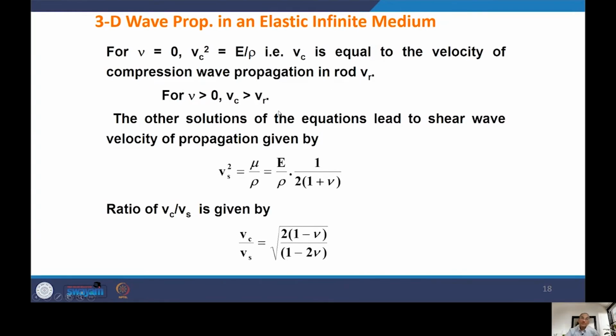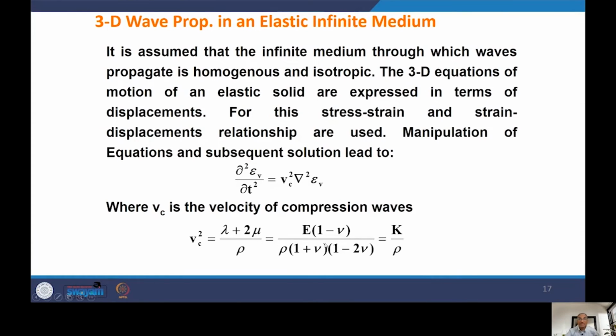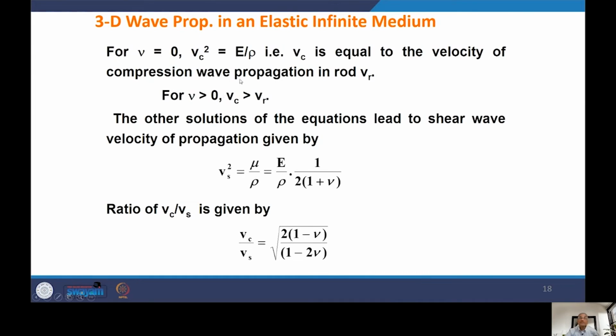However, when mu is greater than 0, which is the realistic case, Vc will be greater than Vr. For a typical case, when mu is 0.5, Vc will approach infinity. So when the Poisson's ratio changes, Vc will keep going greater than Vr.